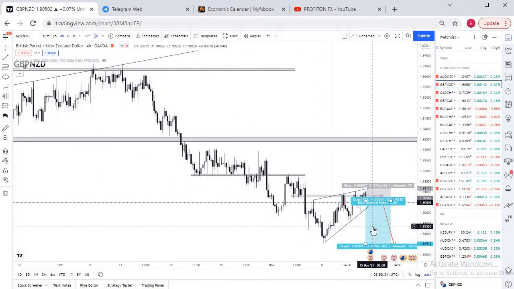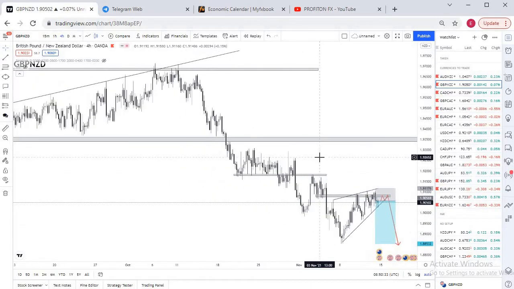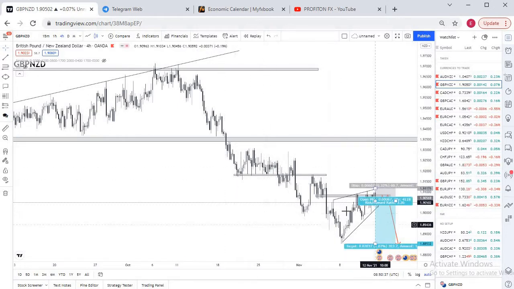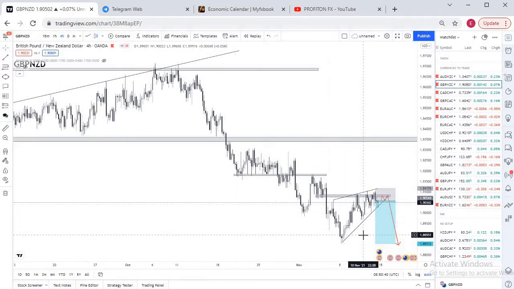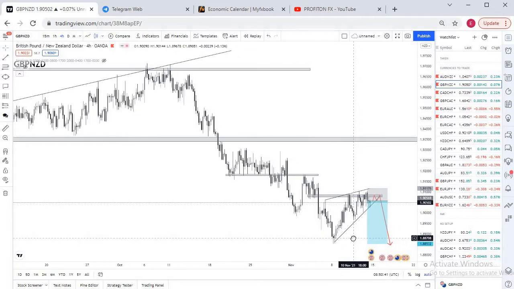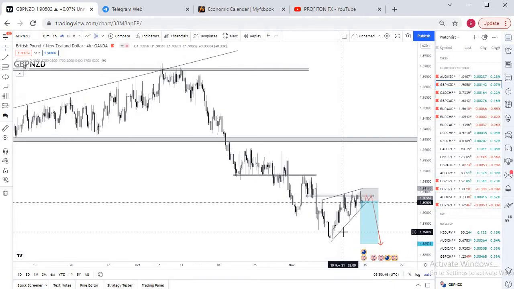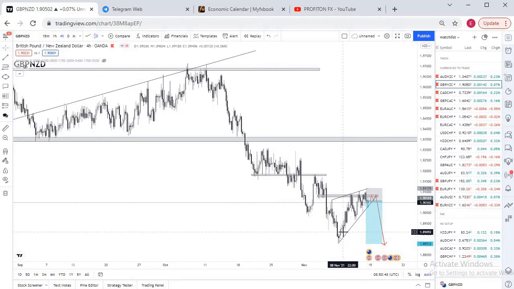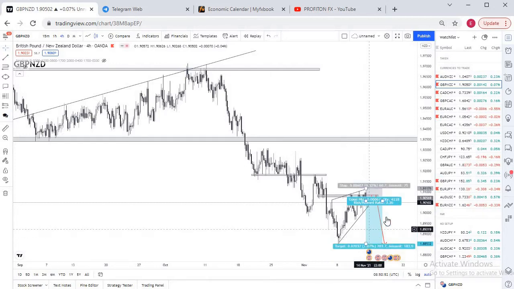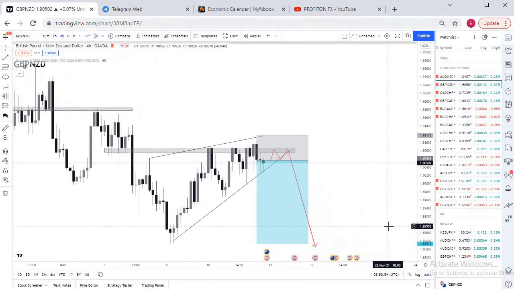However, I'm still waiting for more confirmations, because we are yet to see a correction on this market, and you wouldn't want to enter a market when it's starting to push to the upside and then you are selling. So I'm still not yet certain of this setup, though this is what I was looking at.